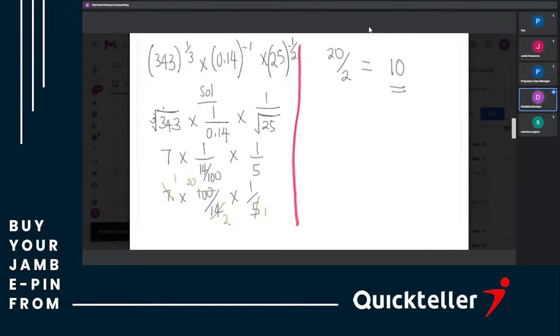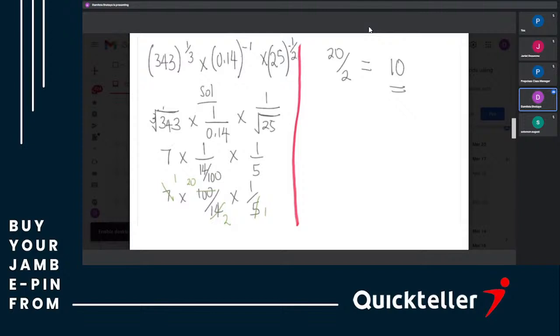No, that's 8. 3 times 3 times 3 is 27. 4 times 4 times 4, that's 64. 5 times 5 times 5 is 125. So the best way is to depend on memorization. That's the best way, and that's what I advise.